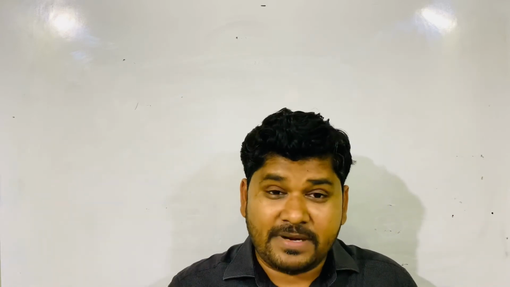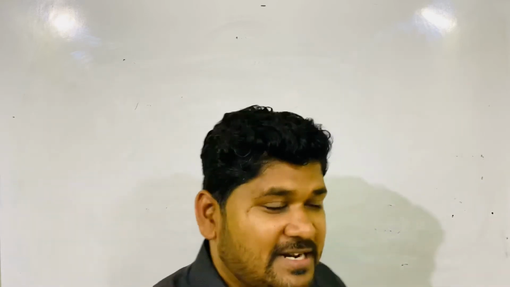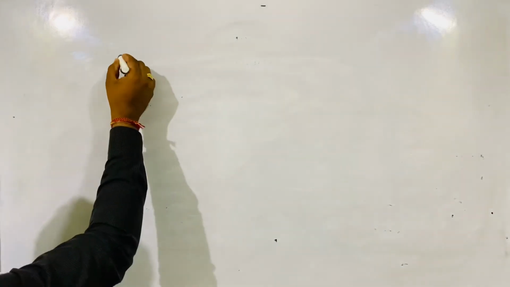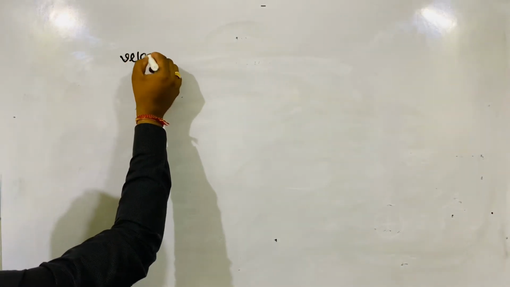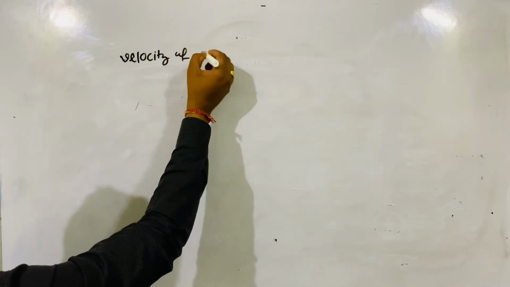Immediately one wave travels in the string. Sometimes when the wave travels, sound also comes due to vibration. So what is the velocity of a transverse wave? Now let's discuss. It can be a 3 marks question.